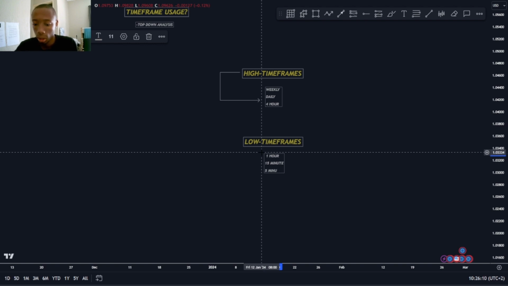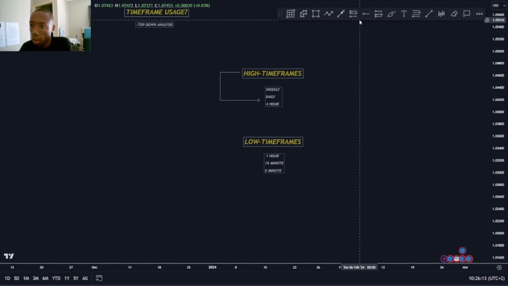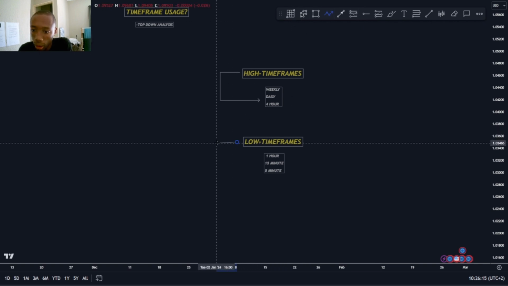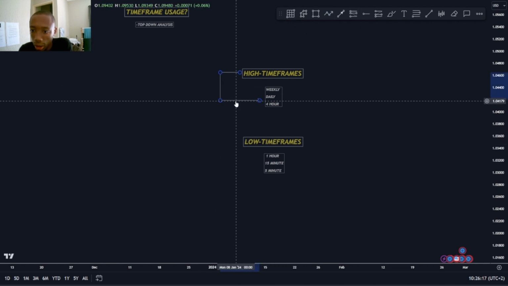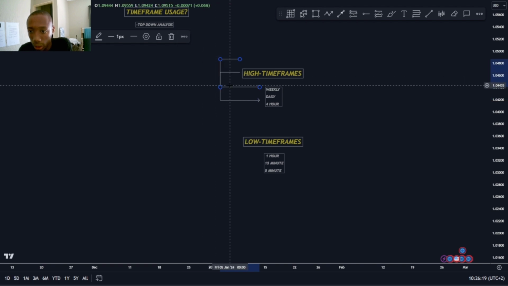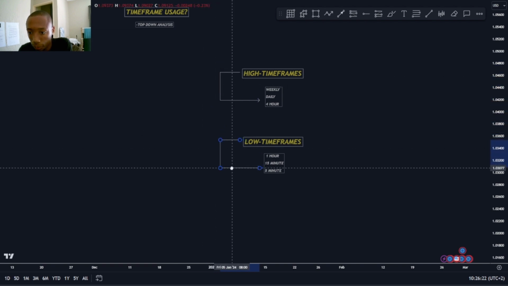These are essentially the lower time frames that I personally use.